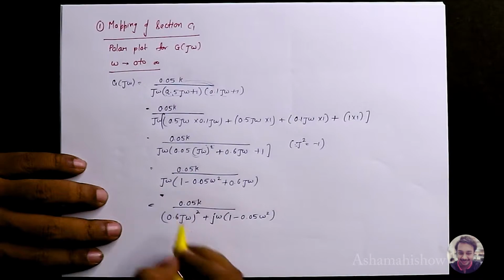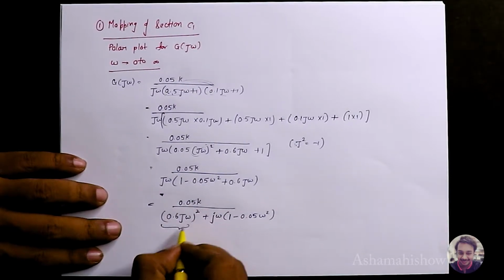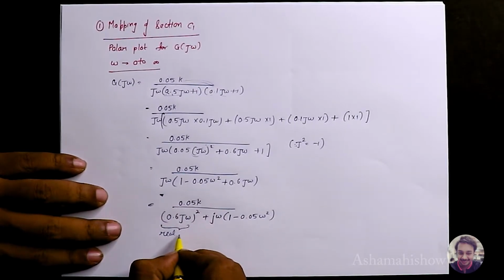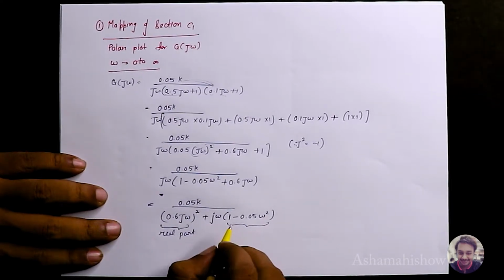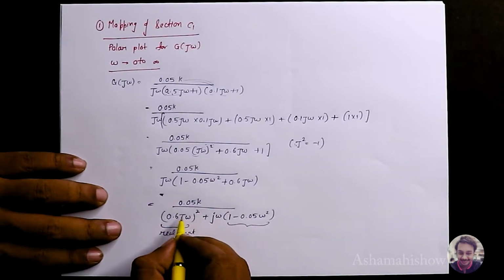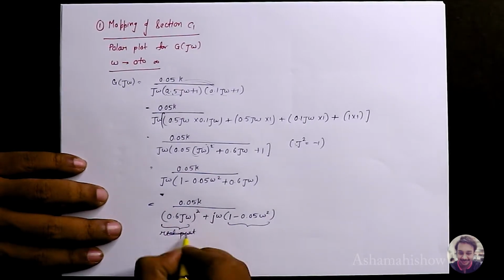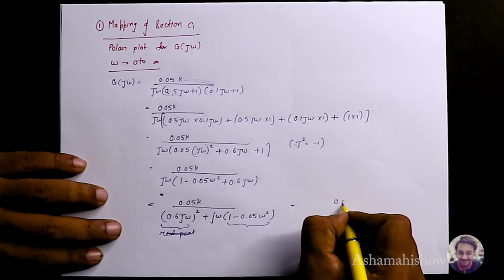Just a normal multiplication. Okay, and here we got this as the real part, because j square is minus 1. So let me do it much further.